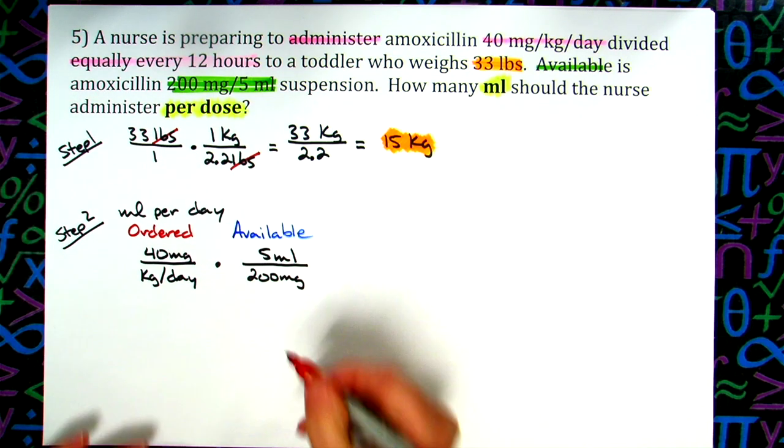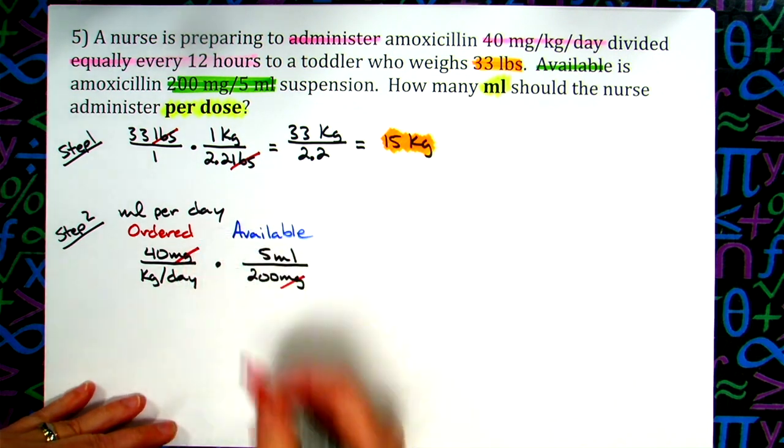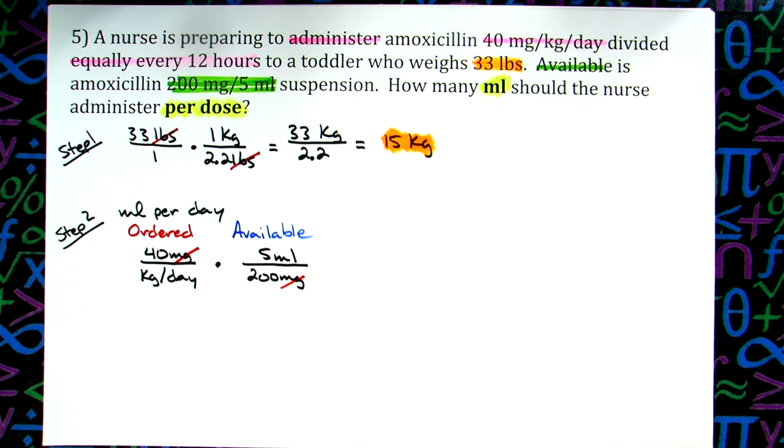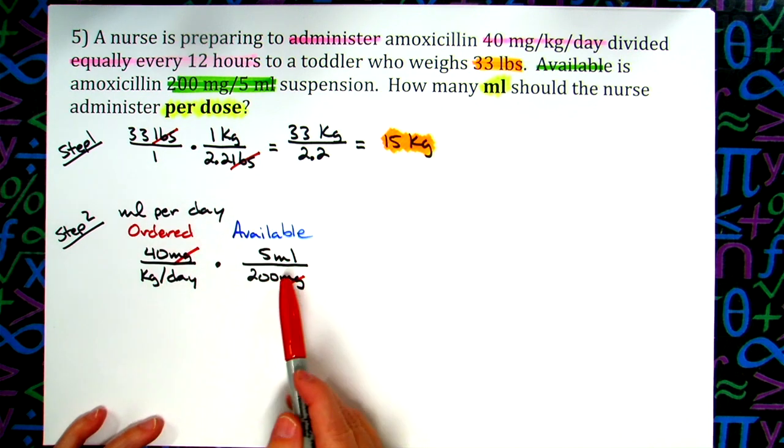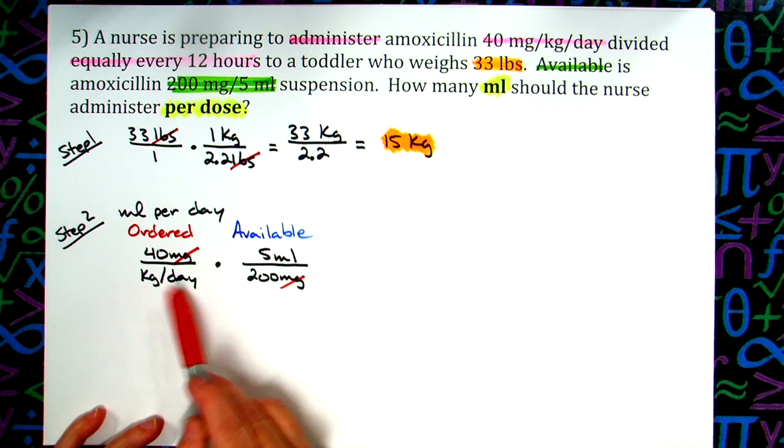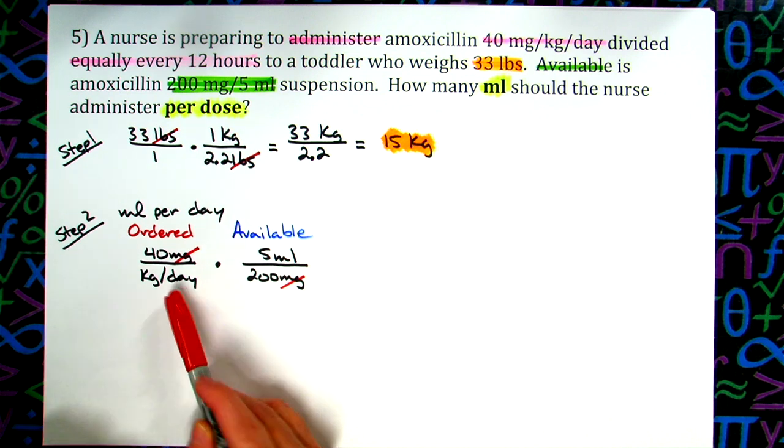So now we're going to take the milligrams and cross out. Now, if I stop and look at my labels, I'm trying to get milliliters per day, but I'm going to have milliliters per kilograms per day. All right, so that means I'm not done.